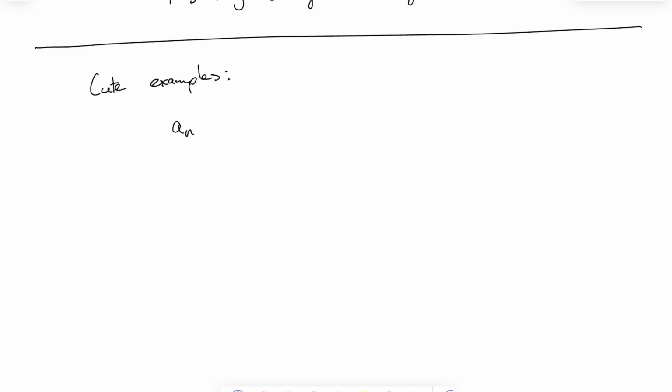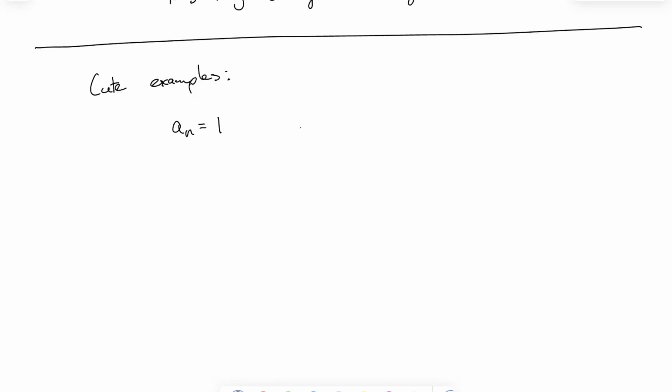How about I tell you the sequence, and then we'll try to figure out what is the value of the series. How about a_n equals 1? This is one of the simplest sequences you can think of. No matter what the n is, the term value is 1.